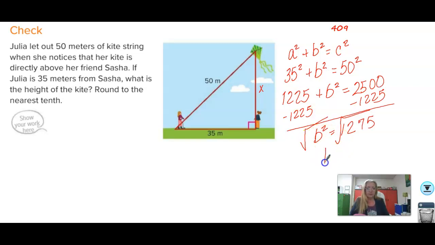And we're going to have to round this one. We're getting 35.707, so 35.7, because the 0 will not round that up. All right, that seems about right too. You can always look at your picture and say, does that seem about right? This should be less than this because you know the legs are always shorter than the hypotenuse.